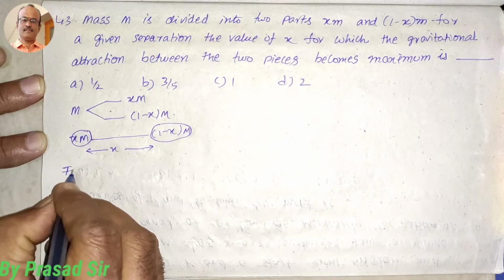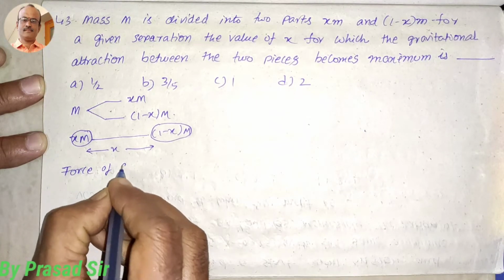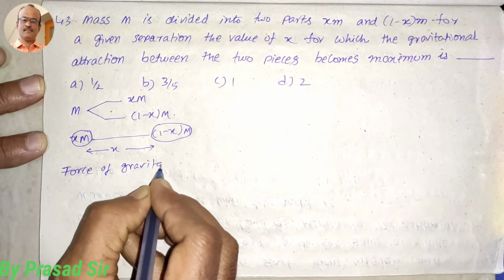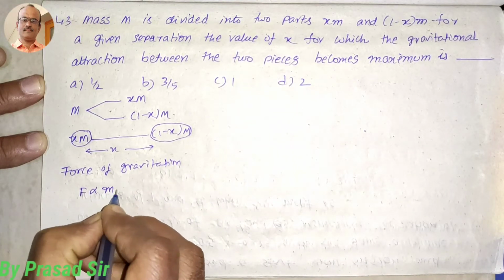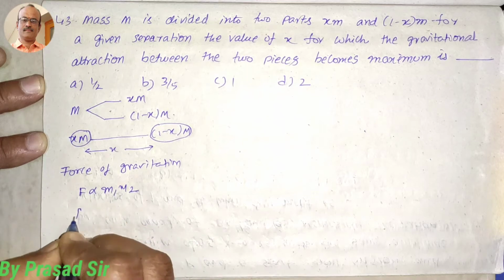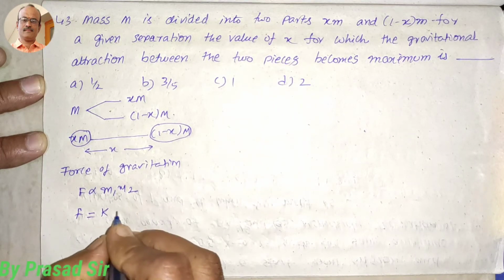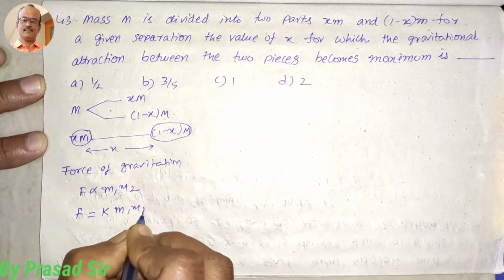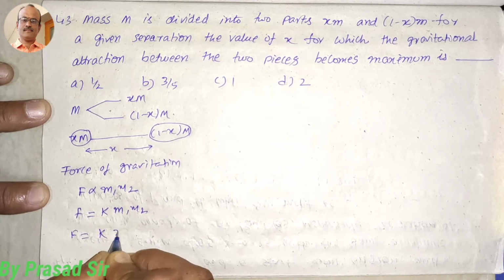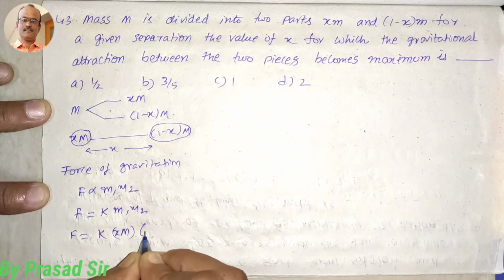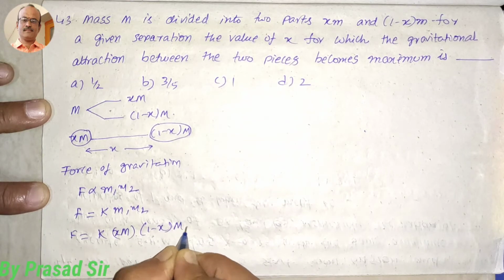So here, force of gravitation F is directly proportional to m1 into m2. So that means F is equal to some constant k into m1 into m2. So F is equal to constant k times x m times (1 minus x) m.